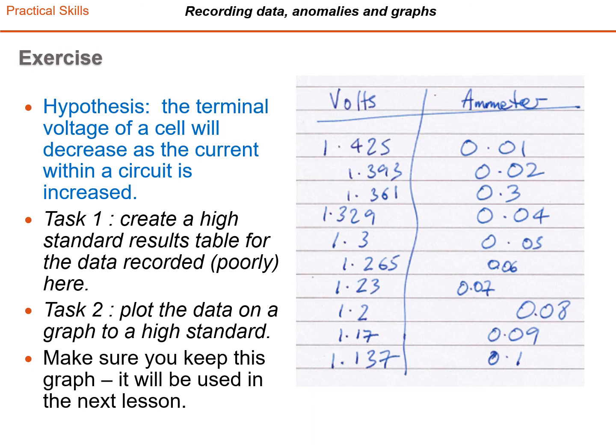First of all, take this data here and put it into a proper results table where all the data has been properly recorded according to the standards I set out earlier on, and then also draw a graph to a high standard. Make sure you keep those because we're going to need that graph particularly in the next lesson. Pause the video now, and when you are done, you are finished.